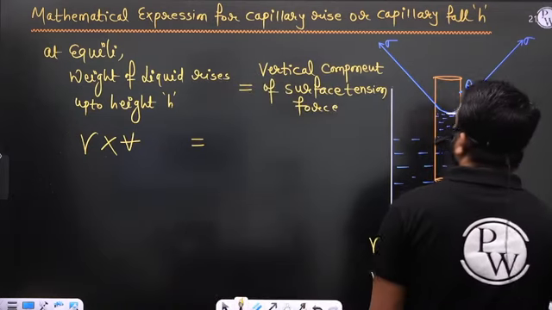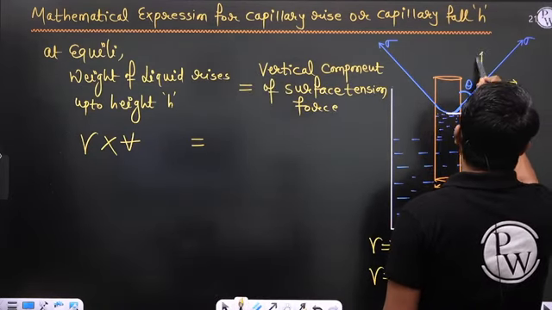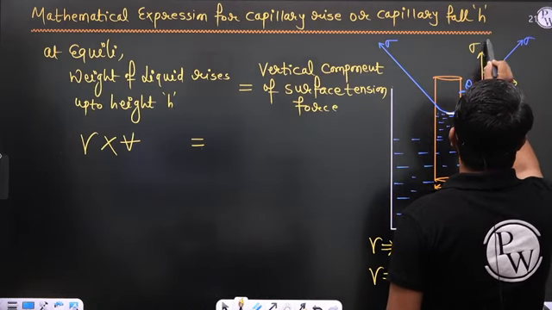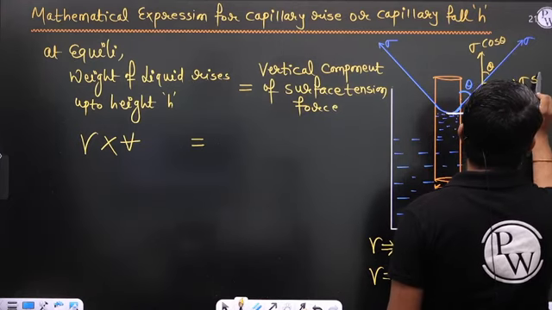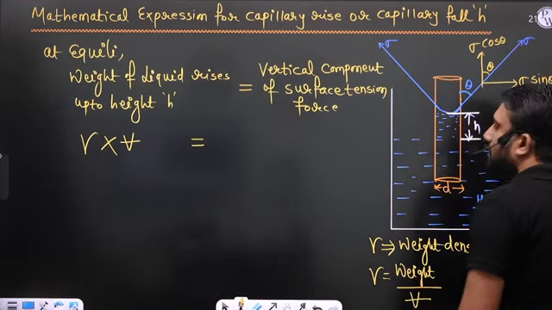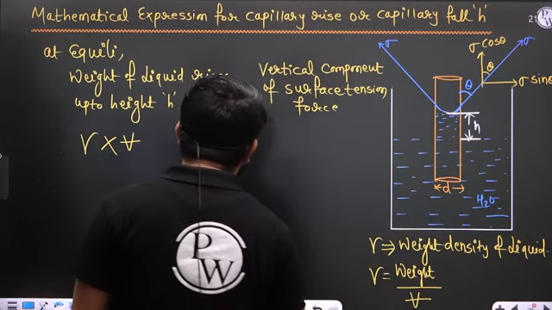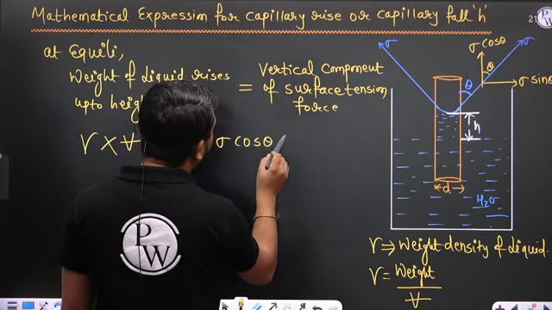So first calculate the vertical component. If this is theta, this is also theta, and this component is sigma cos theta, and this component is sigma sin theta. We need the vertical component, so the vertical component is sigma cos theta. But this is not the force.